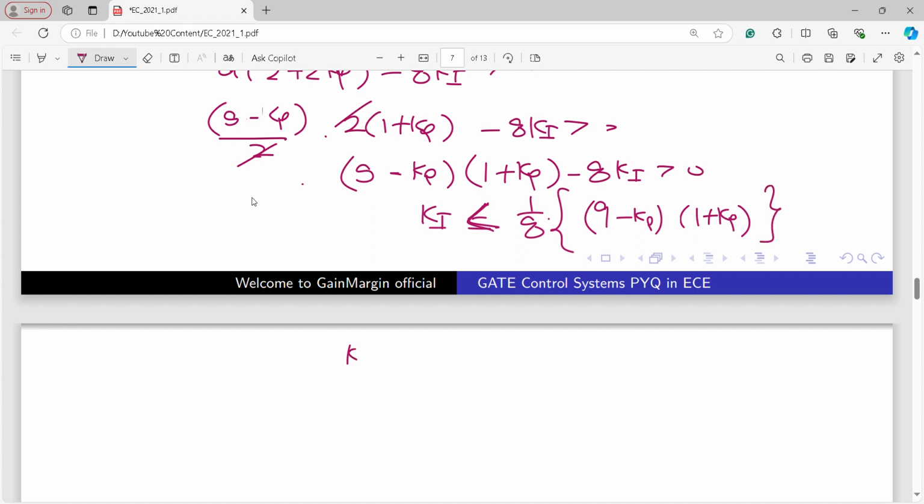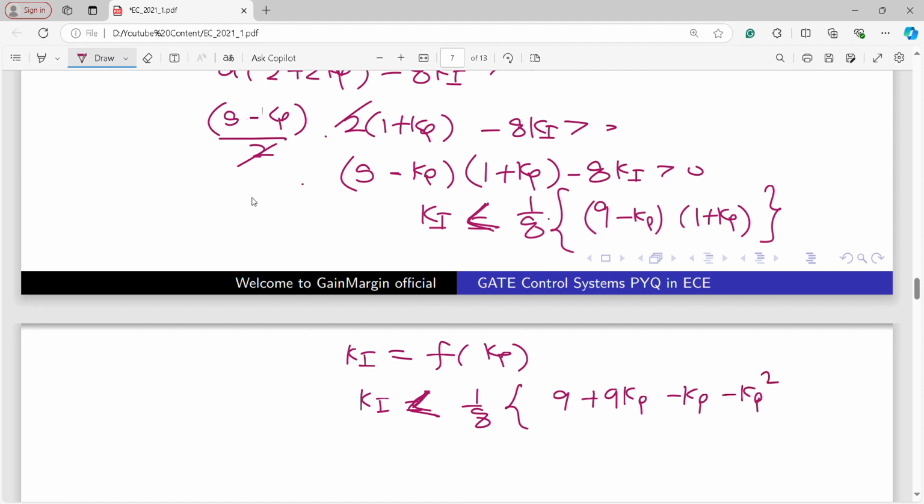So ki is a function of kp, which is a quadratic equation, right? So what is it in terms of kp? Here 9 plus 9 kp minus kp square.